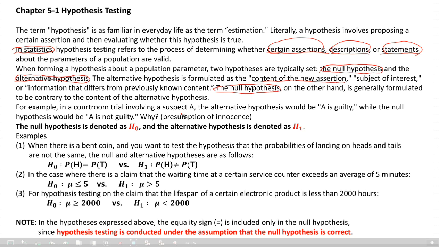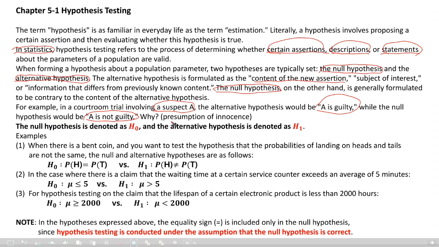a reverse statement. For example, in a courtroom trial involving suspect A, the alternative hypothesis would be A is guilty, while the null hypothesis would be A is not guilty. Understand that?